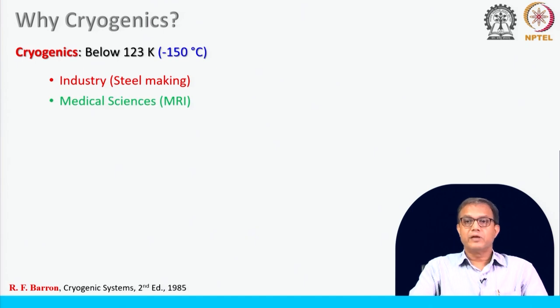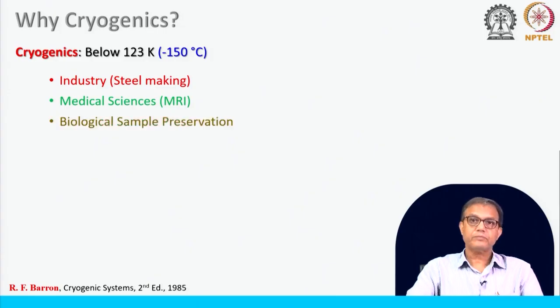Then in medical science, if someone has fallen sick and has to do an MRI, that MRI needs a very strong magnet, which is often generated using a superconducting magnet or superconducting wire. That superconducting wire has to be cooled with liquid helium often, and there also you have the application of cryogenics.